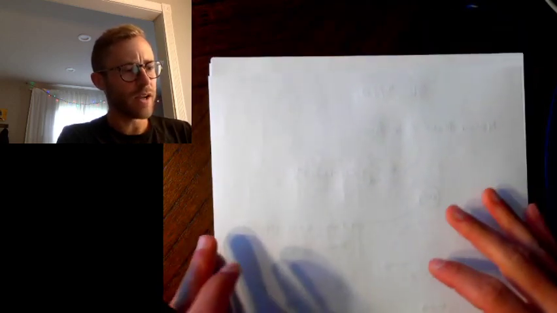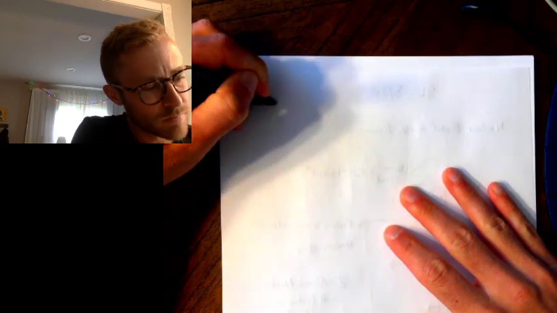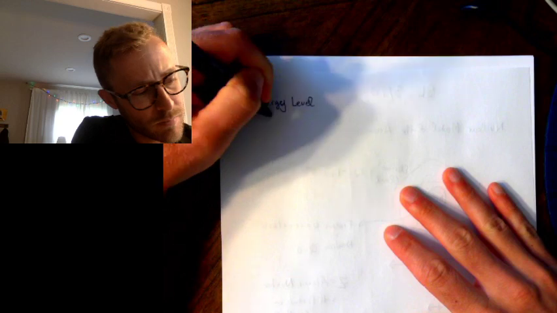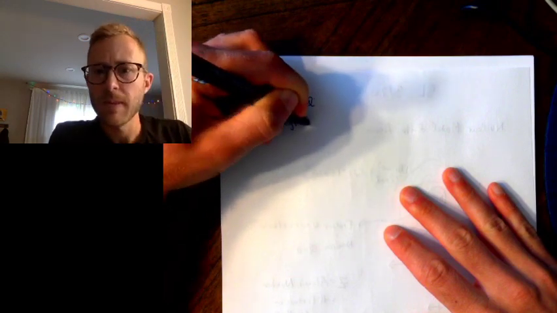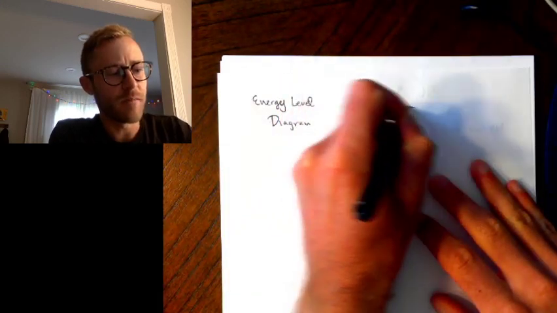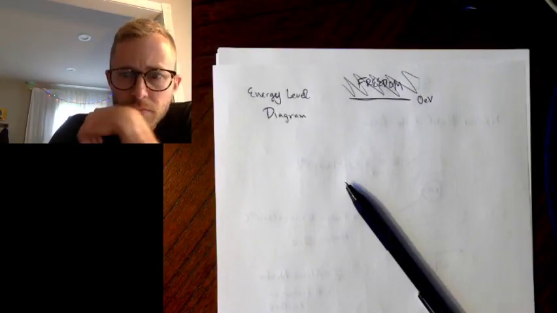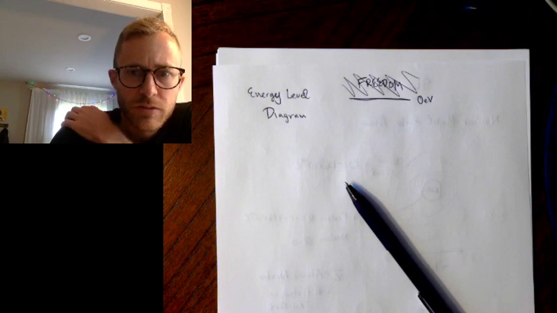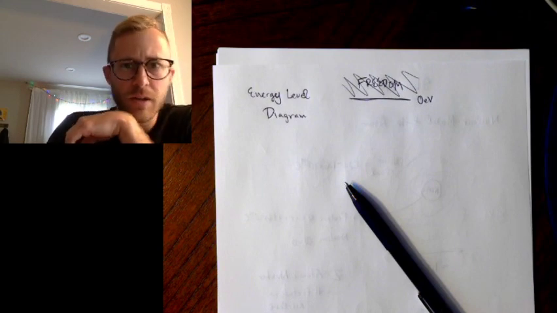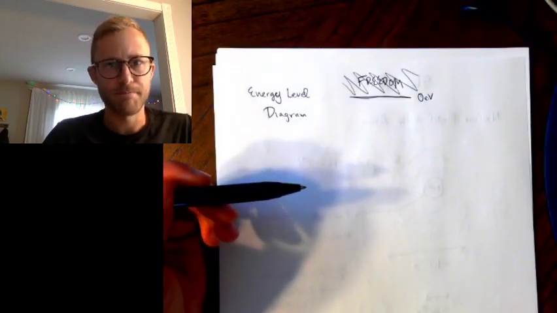All right. So typically you have an energy level diagram. Okay. And at the top of the energy level diagram is 0 eV. So again, if you have above 0 eV of energy, that is freedom. Okay.